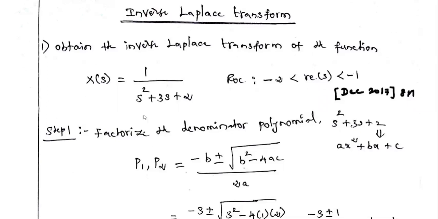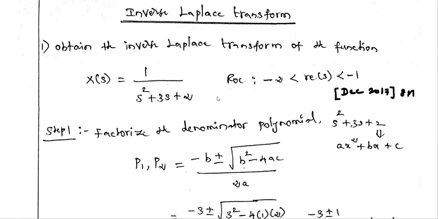So here, x of s is given, and from this x of s we have to find the corresponding time domain signal x of t for the given ROC region: the real part of s is less than -1 and greater than -2. That's the problem we have to solve.